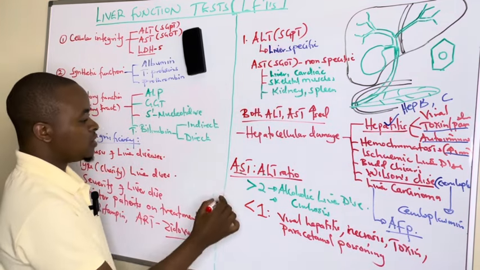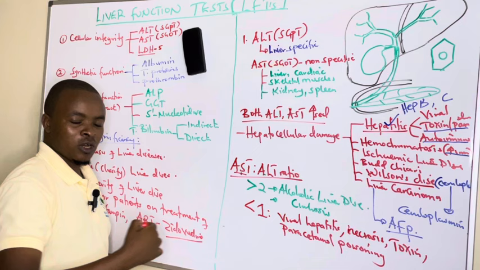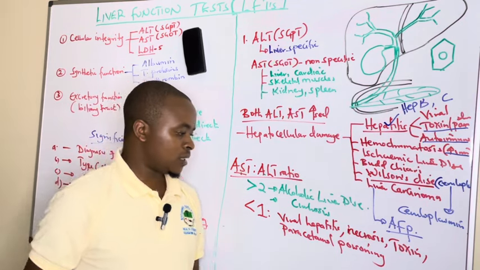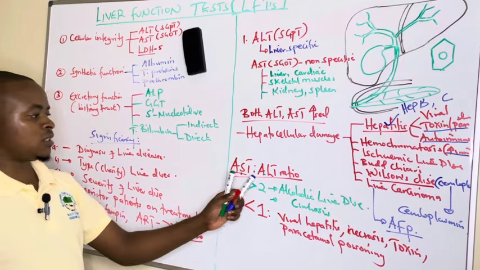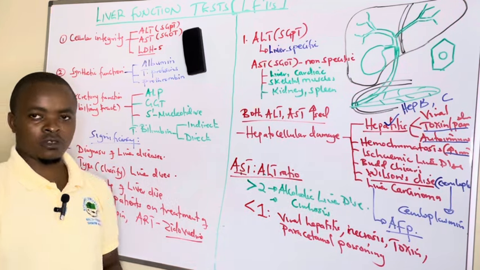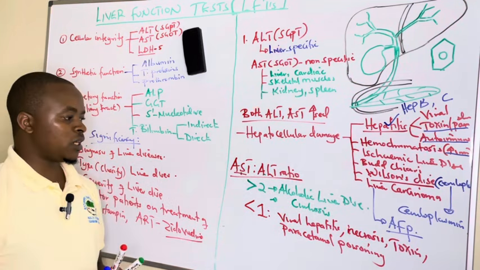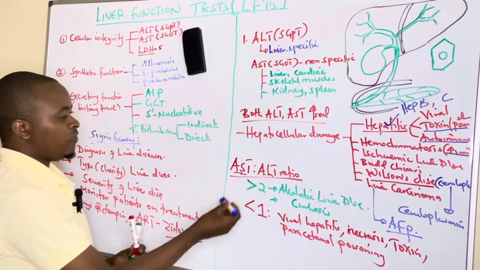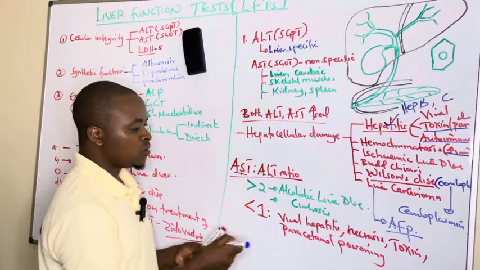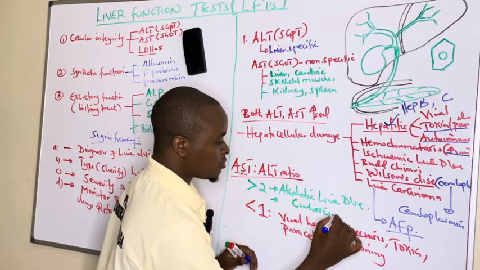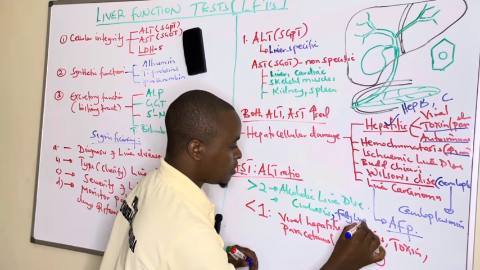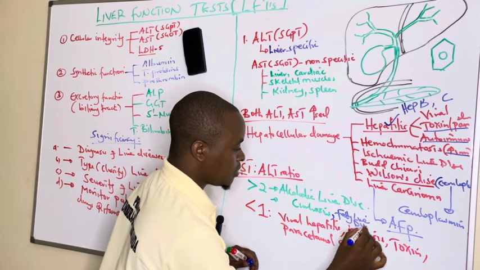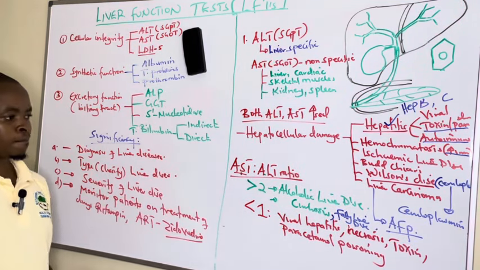So here we find an AST to ALT ratio less than 1. That is how we can apply the AST to ALT ratio for differential diagnosis. And this can even be greater than 2 in liver steatosis, what you call fatty liver disease. Fatty liver disease can also be high.